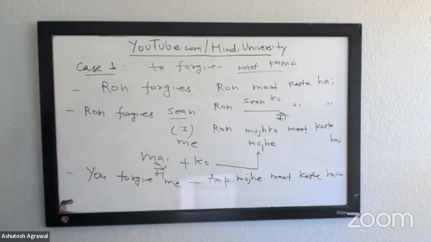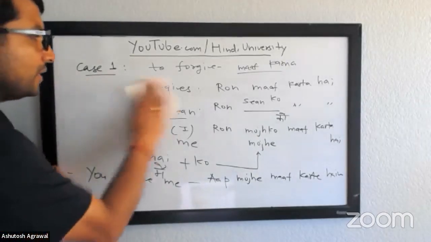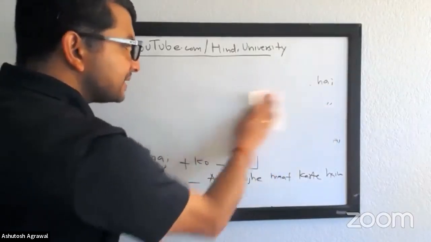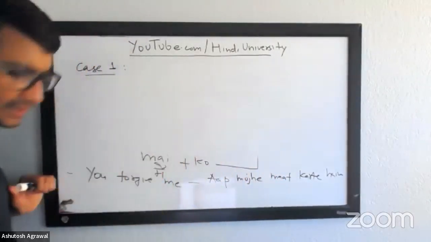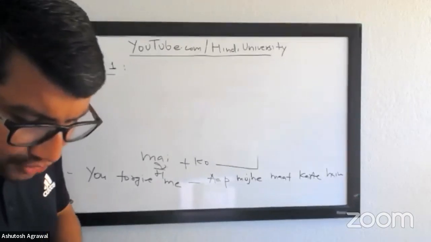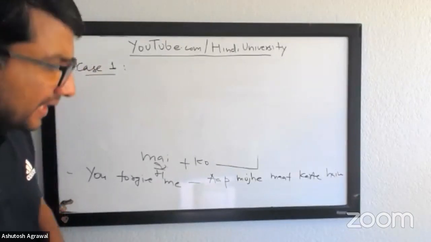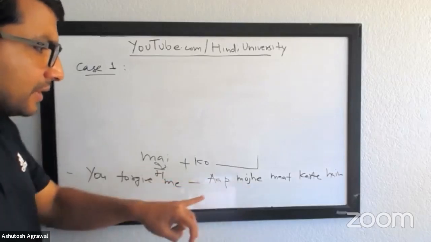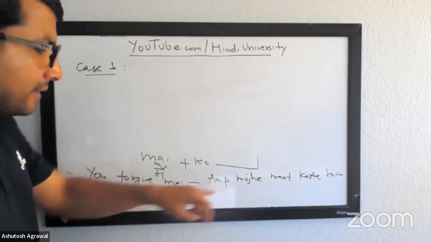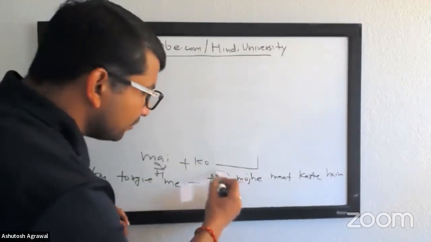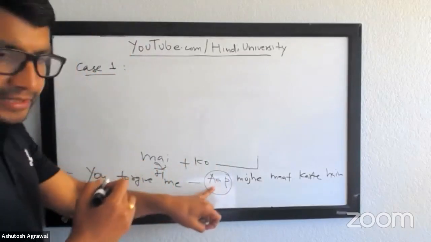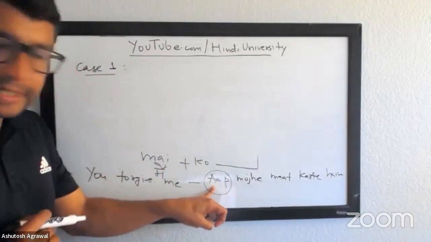Now let's see. I'm still on case number 1. So far we are using the present tense and keeping it simple. Now you want to use imperatives, and you can remove the subject here.